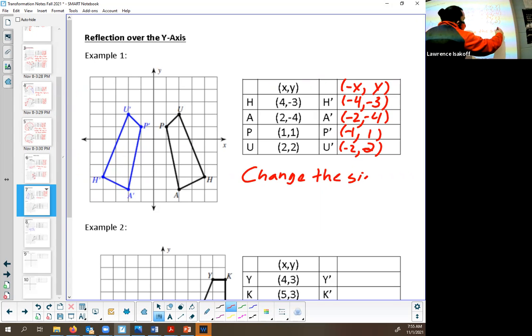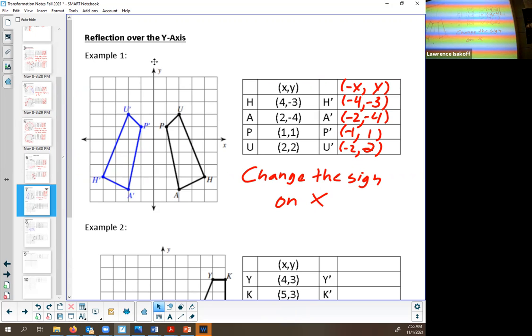Well, we're flipping over the y-axis, so we're changing the sign on x. So when we flip over the y-axis, change the sign on x. When we flip over the x-axis, change the sign on y.